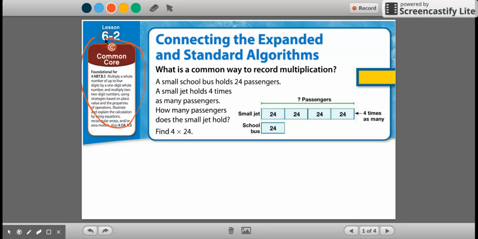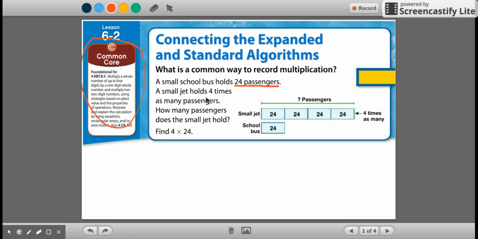If you want to go ahead and review what our standard is, but the key is to multiply up to 4 digits by a 1-digit whole number and multiply two 2-digit numbers using strategies based on the place value and property operations. So what this example is showing you right here is that a small school bus holds 24 passengers.